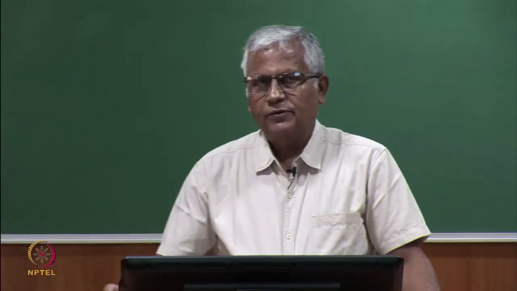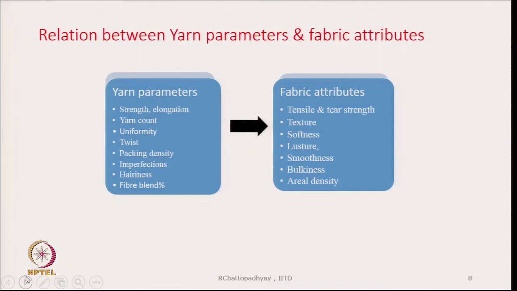But more important for us is to know the relation between yarn parameters and fabric attributes. Fabrics are made from yarn, so it is very natural that there must be some connection between yarn properties and fabric properties.